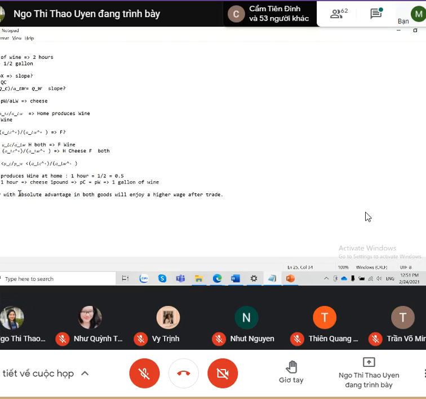When it costs them a smaller cost to produce something absolutely, for example, smaller ALC. Here, home has absolute advantage in producing cheese compared to foreign. We don't compare cheese with wine now. It's not comparative advantage, but it's absolute advantage.